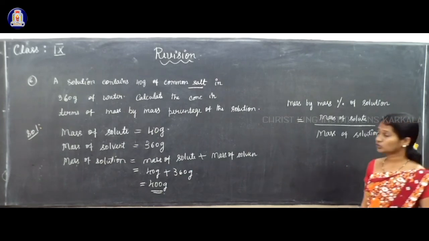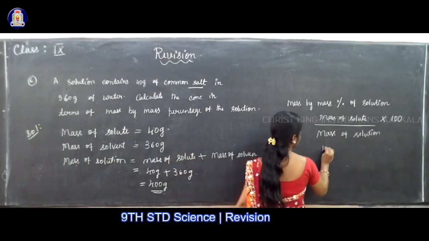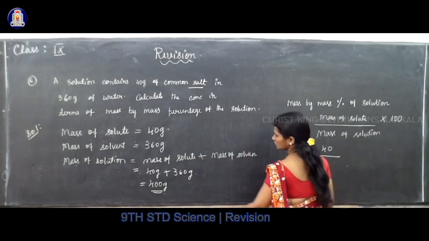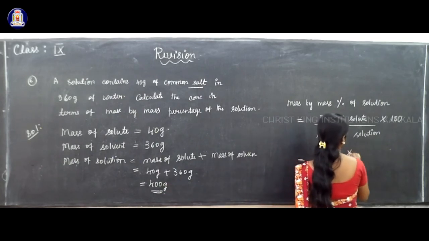Mass of solute is 40 divided by solution mass is 400 into 100.